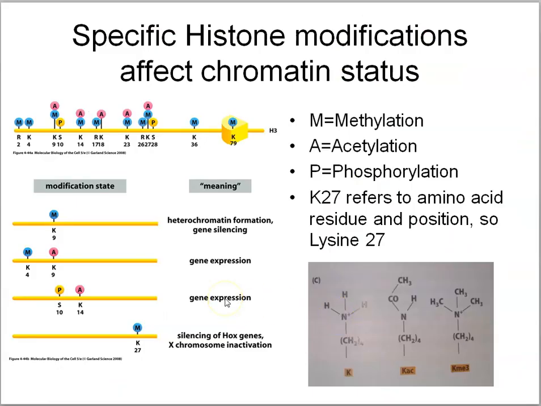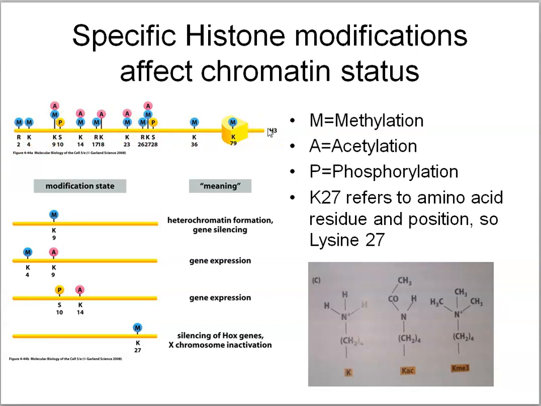There's a unique language associated with histone modifications, and this is summarised here. We've got the relevant amino acids of histone H3. So histone H3 is the main one which is modified and causes epigenetic modification to gene expression. And what's shown is all the different modification sites that are possible on histone H3.